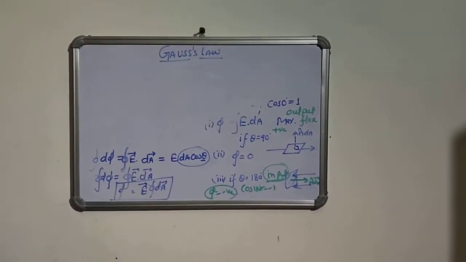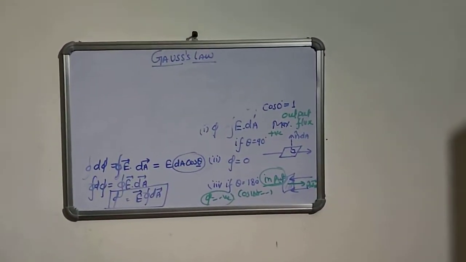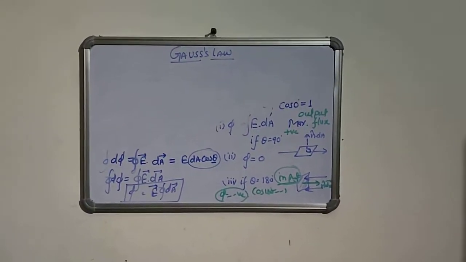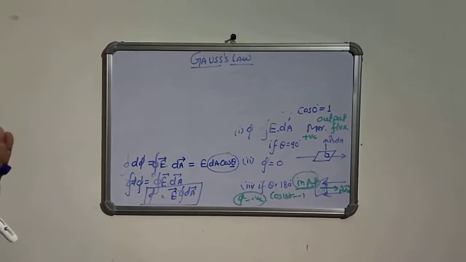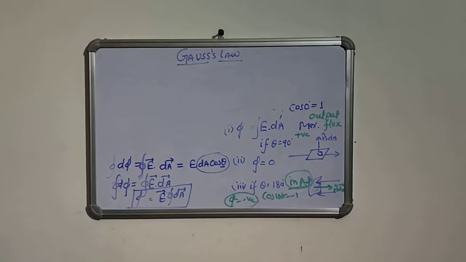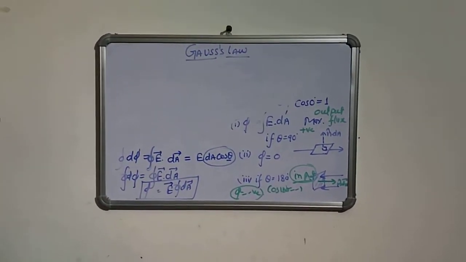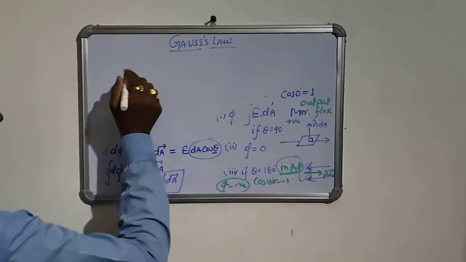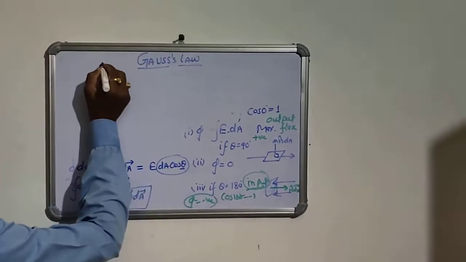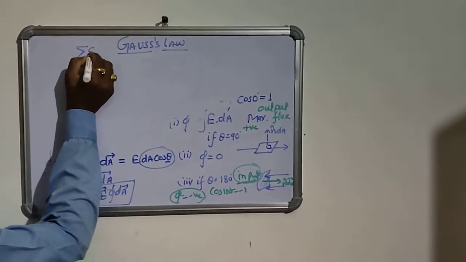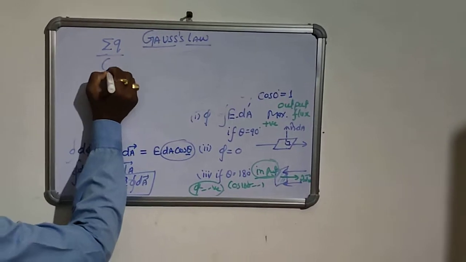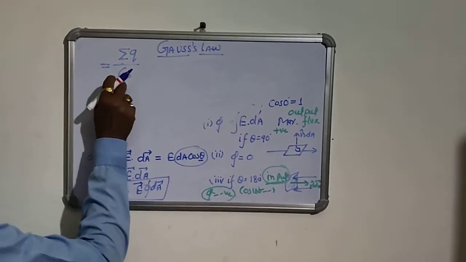Gauss law states that the number of field lines which pass through a closed surface, it is applicable only for a closed surface, is equal to the total charge enclosed by the surface divided by the permittivity of free space or vacuum.